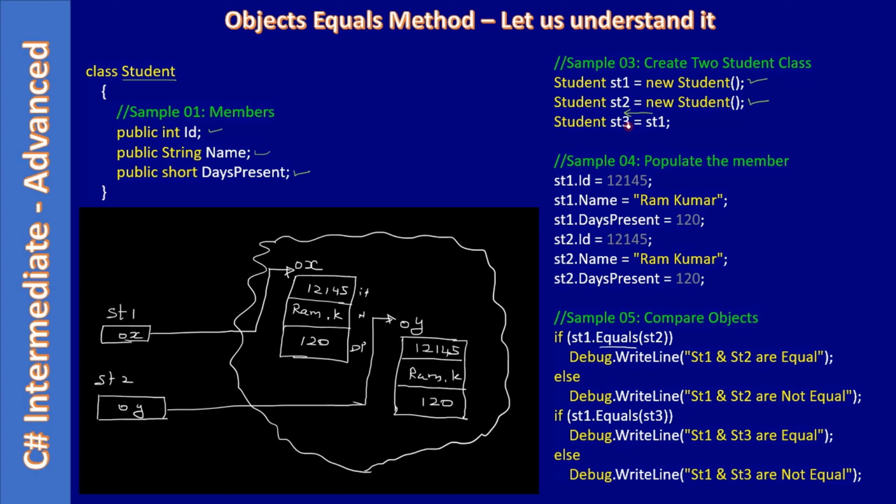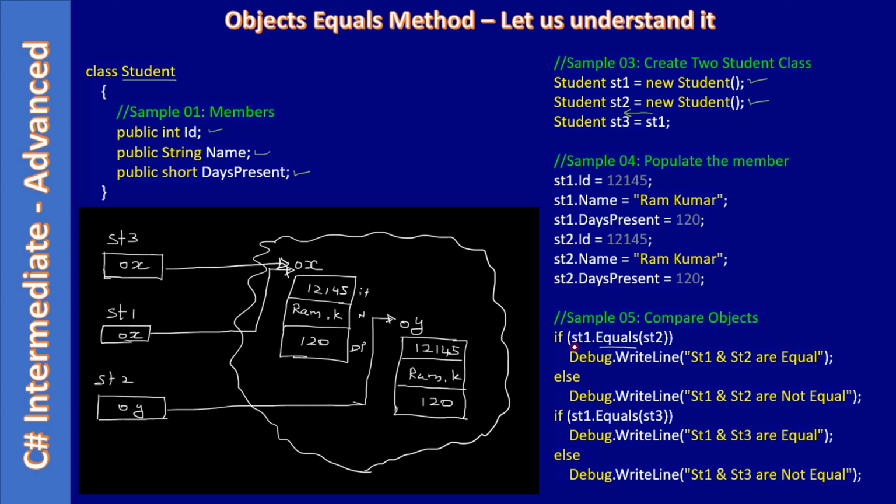Before that, let's consider this one also: st3 equals st1. It means in the stack we create one more location, st3, and the content gets copied here. That means the address 0x is copied, so this is also pointing to the same 0x.